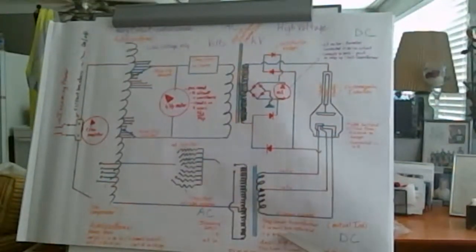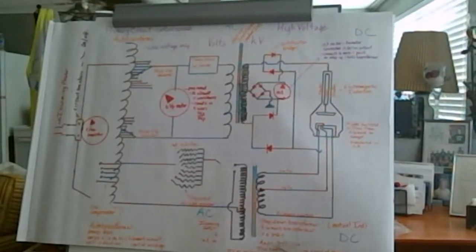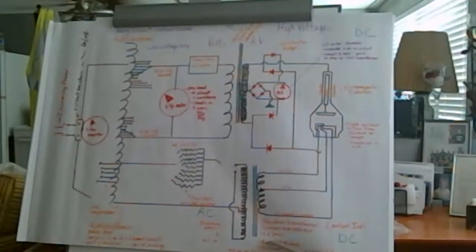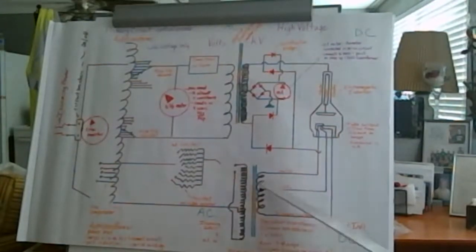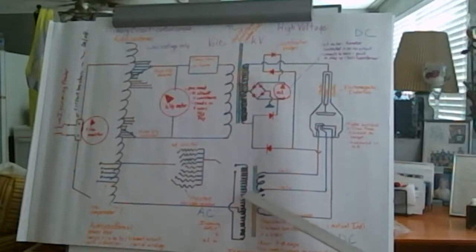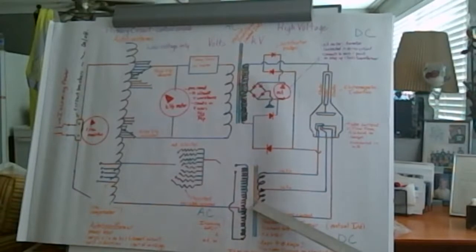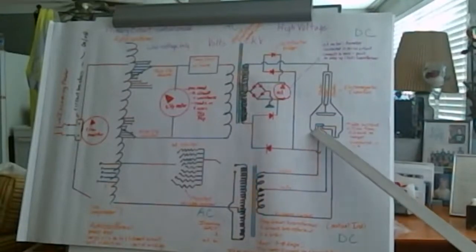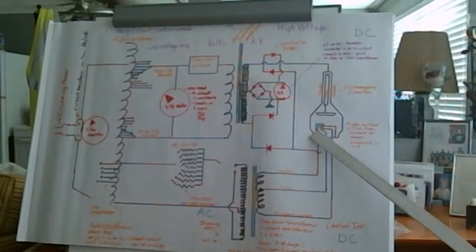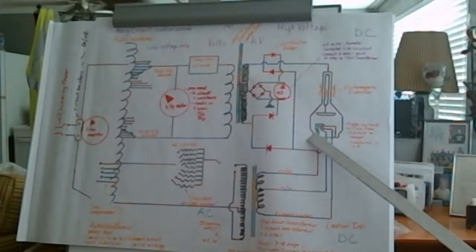The filament transformer is a step down transformer, and the voltage gets stepped down from 220 volts to approximately 6 to 12 volts, because what we need from this transformer is very high amperes, not milliamps. We need amperes to provide enough current to the filament to heat it up to the level that it will boil off electrons.